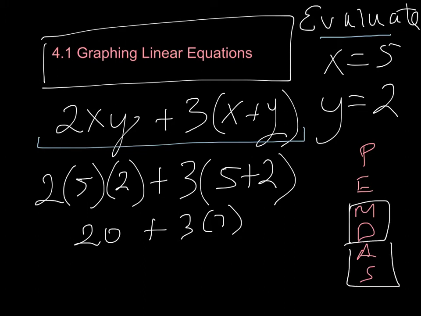So order of operations is really important. Parentheses first, then the exponents, then multiplication and division, then addition and subtraction. So we have 20 plus 21, and that equals 41. So we evaluate this expression when x equals 5 and y equals 2, and we get 41. Okay, I think we're good with that.